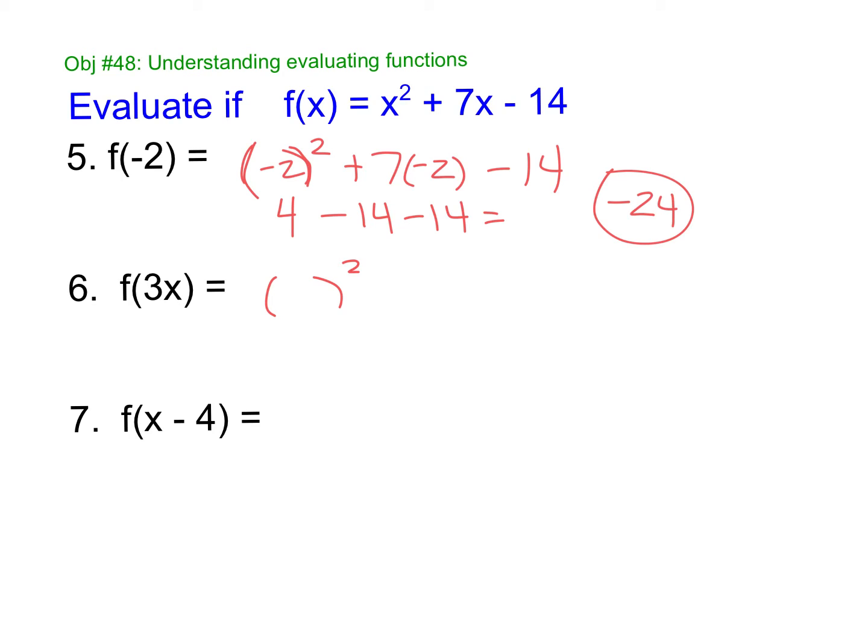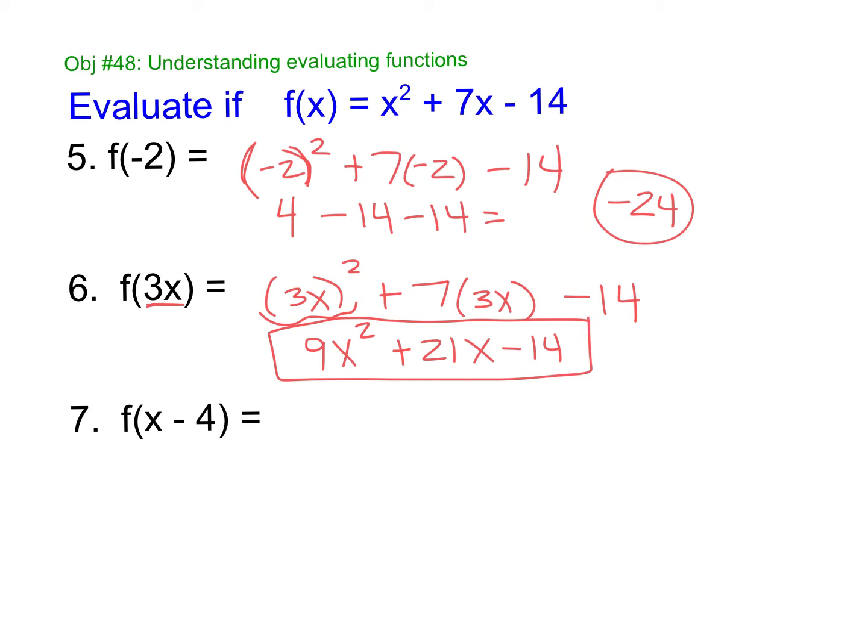If you had it right and you erased your answer, I do make mistakes. 7x minus 14. So instead of x, we're going to put in 3x. What is 3x squared? 3 squared is 9, x squared is x squared, plus 21x minus 14.